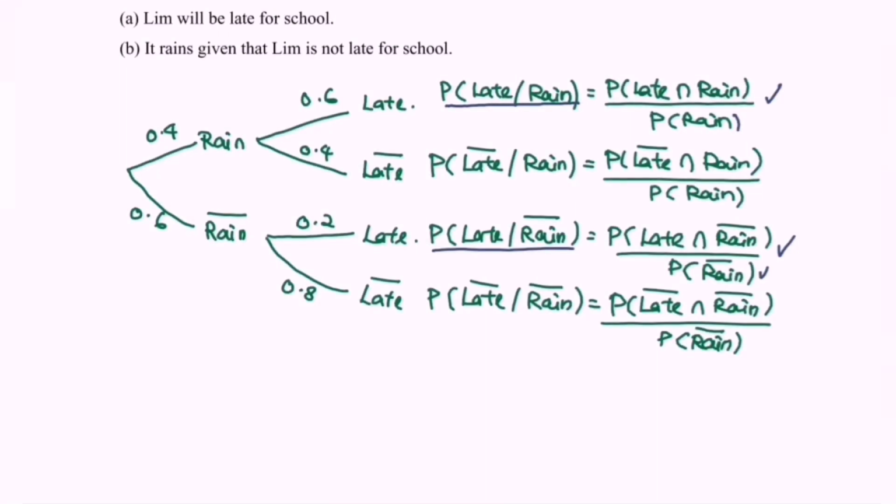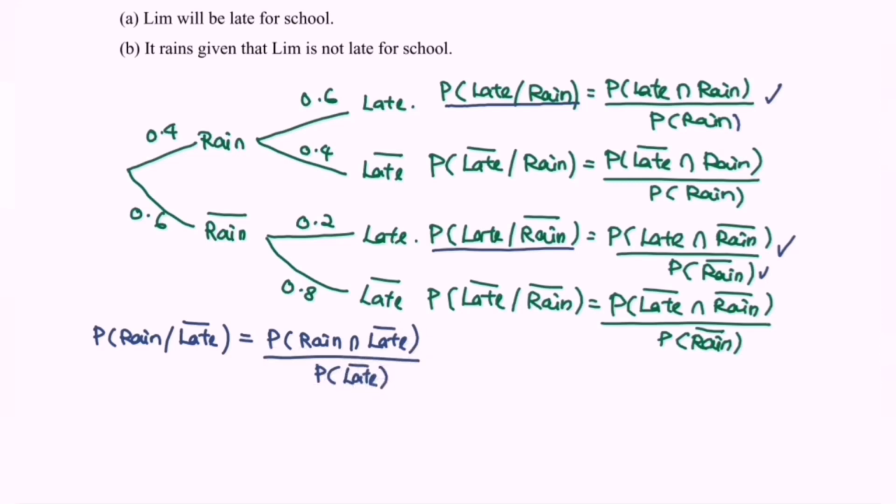Next, B, it's rain given that Lim is not late for school. So here we have the situation. Kindly express the situation as the probability of rain intersect with late complement over the probability of late complement.